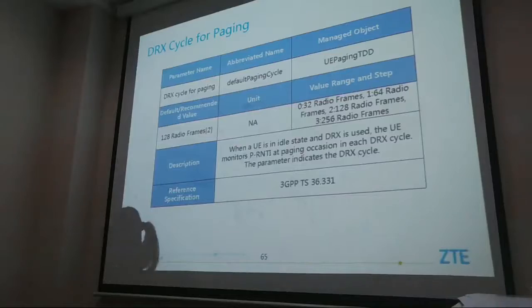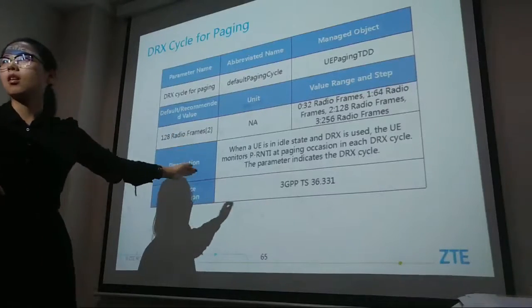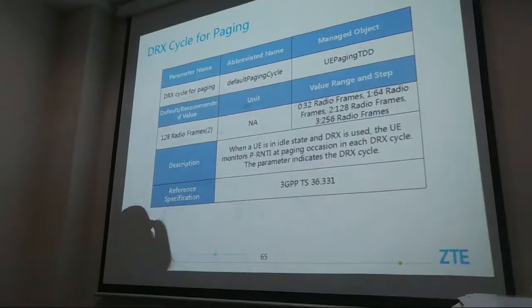So what is this cycle? When it goes to idle state, how long will I wait? I will monitor the PDCCH to read the PO. There's no relation, right?